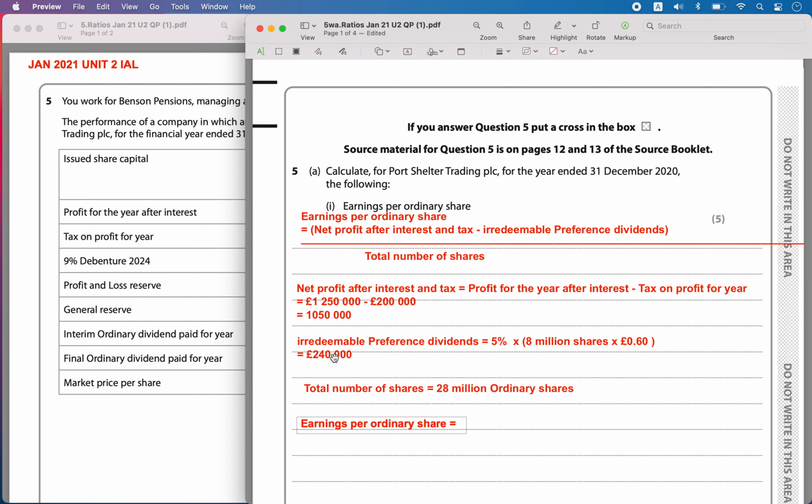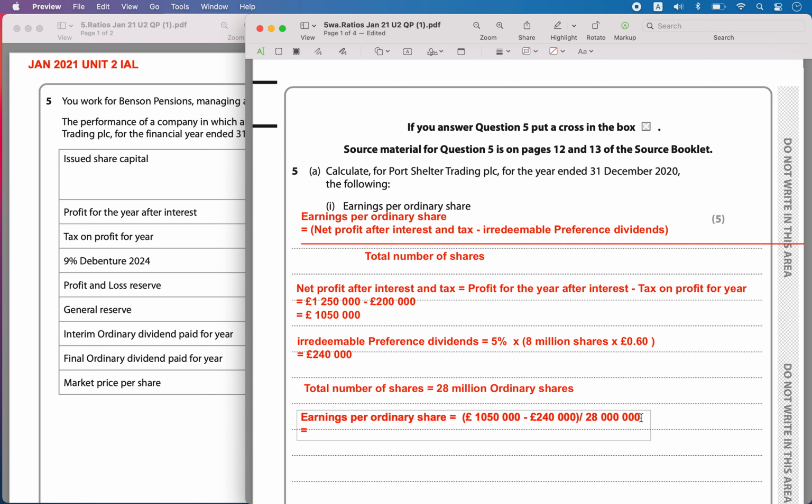That is going to be equal to 1,050,000 pounds, that is the net profit after paying the interest and tax, then minus the dividends paid, 240,000, divided by 28 million ordinary shares.